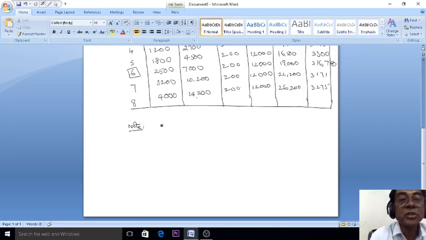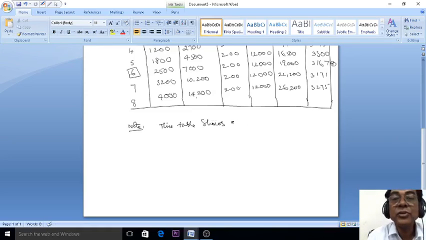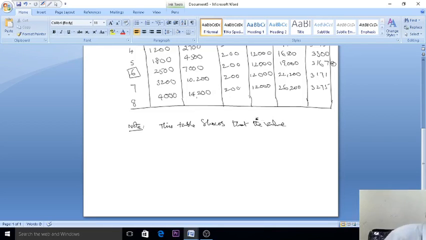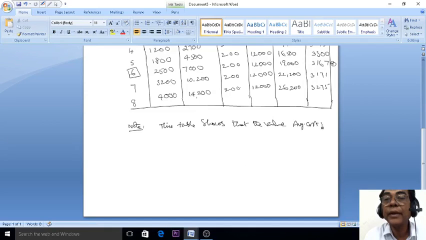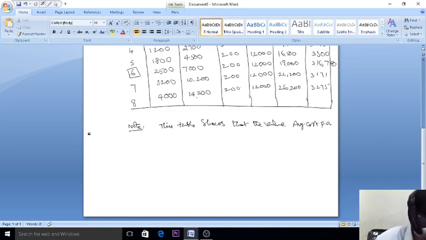Note. Write down the statement. This table shows that the value of average cost per annum is minimum.